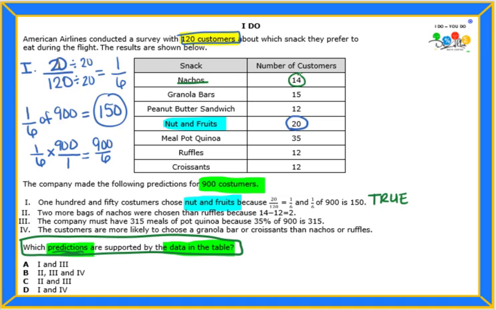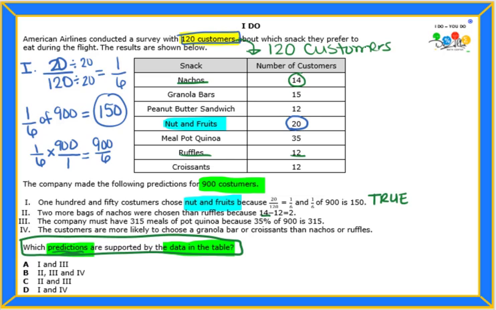Now, if we look in our table, nachos is 14 and Ruffles is 12. But this table is for 120 customers. That's what this table represents.